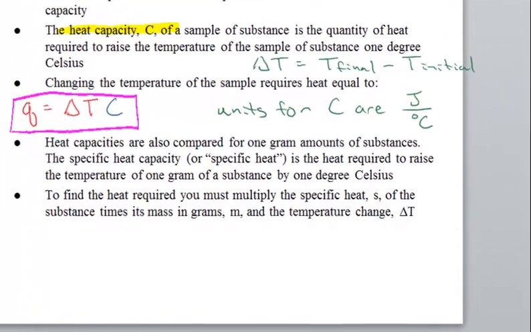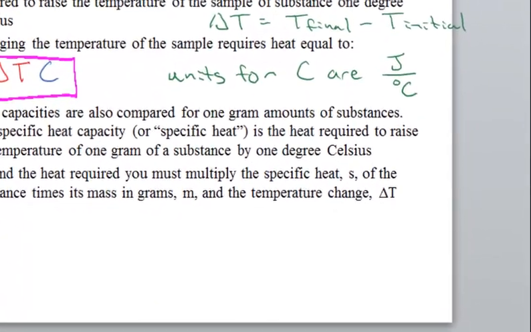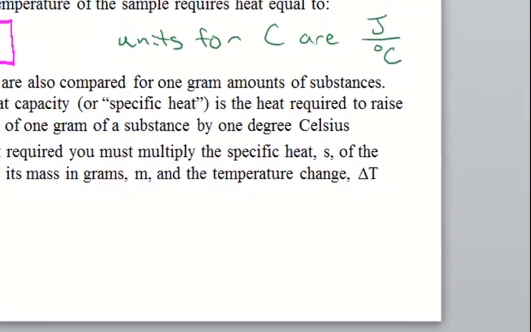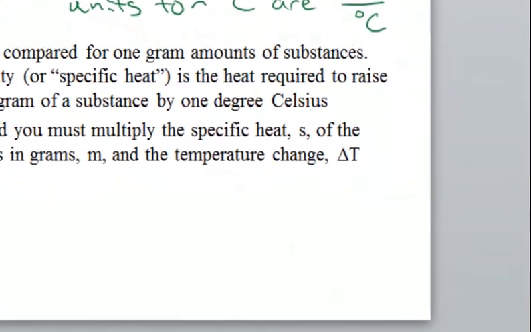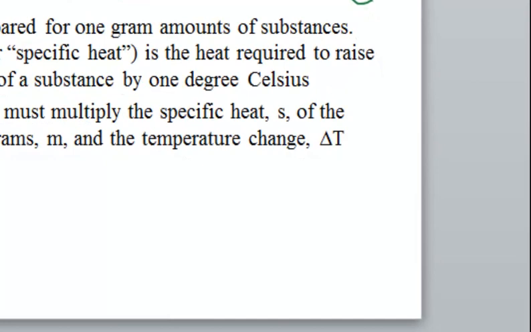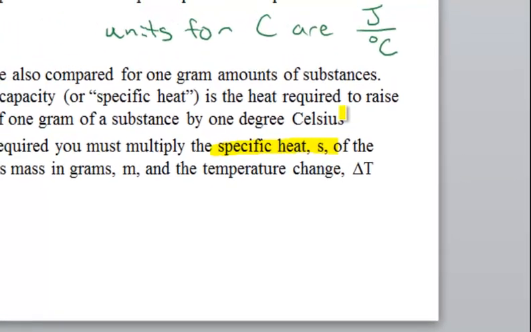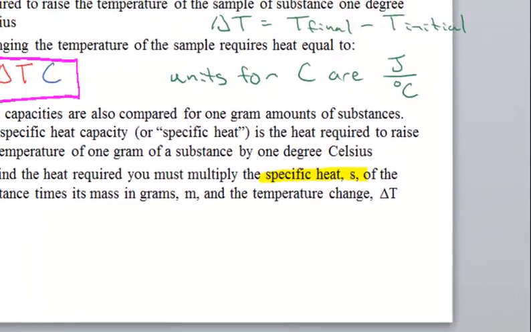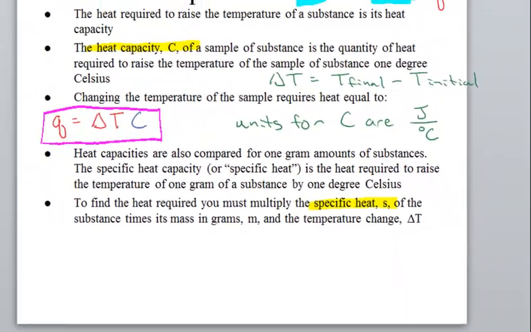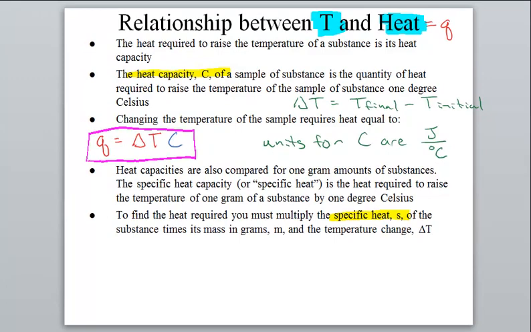Q can also be expressed in a slightly different equation, and the constant is slightly different. Instead of a constant of heat capacity, it's a constant called specific heat, and the letter abbreviation for it is S. This constant is specific for a substance instead of just some object, some device. So water would have a certain specific heat.